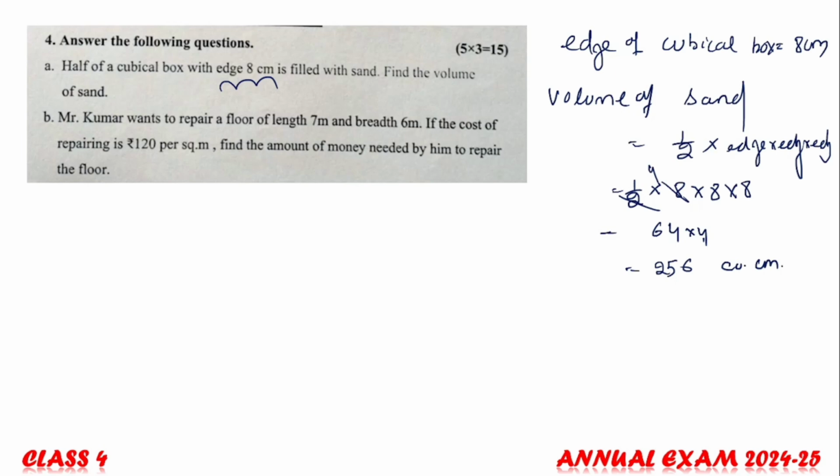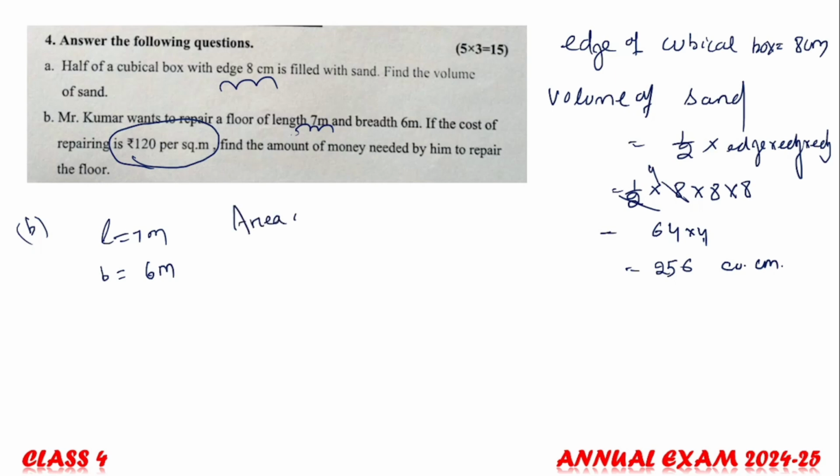Now next, question number B. Mr. Kumar wants to repair the floor of length 7 meter. So given that L equal to 7 meter, B equal to 6 meter. If the cost of repairing per square meter is 120, means we find the area.